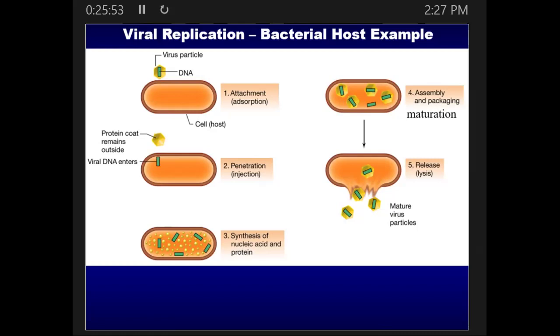We're not going to get into huge detail on this, but basically, in order for a virus to do what it needs to do, it has to attach to the host cell, and the right host cell, it can't just be any, right? So there's usually very specific surface receptor proteins that the virus has evolved to interact with and dock into.